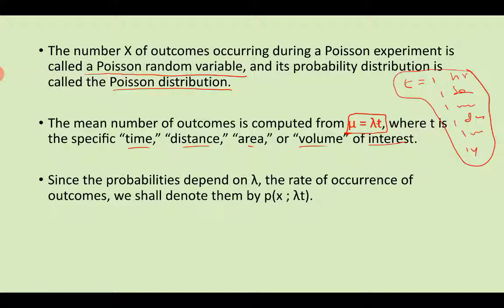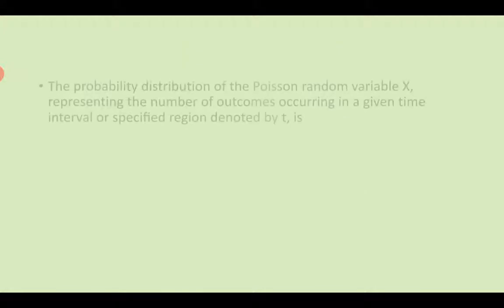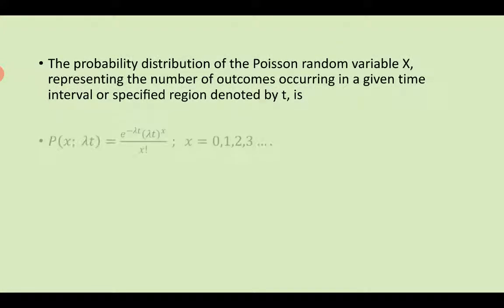Anyhow, it will be 1. So time will be 1 unit in all other problems coming. Since the probabilities depend on lambda, this notation is called lambda, the rate of occurrence of outcomes. We shall denote the probability. Probability is depending on only lambda and t. T mostly will be 1, so the parameter is lambda. X will always be there. So what is the formula for the probability?